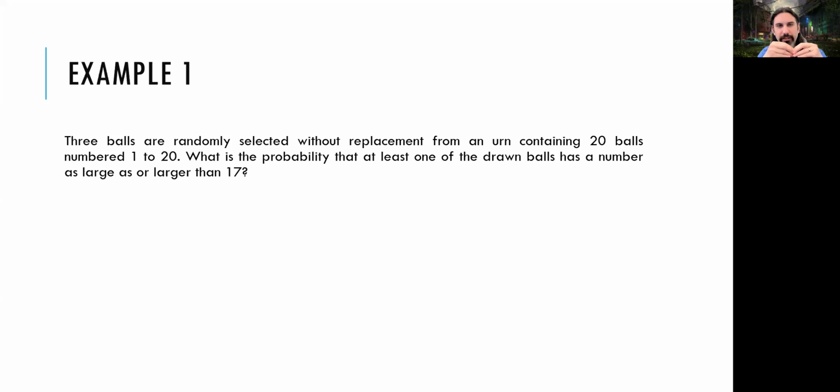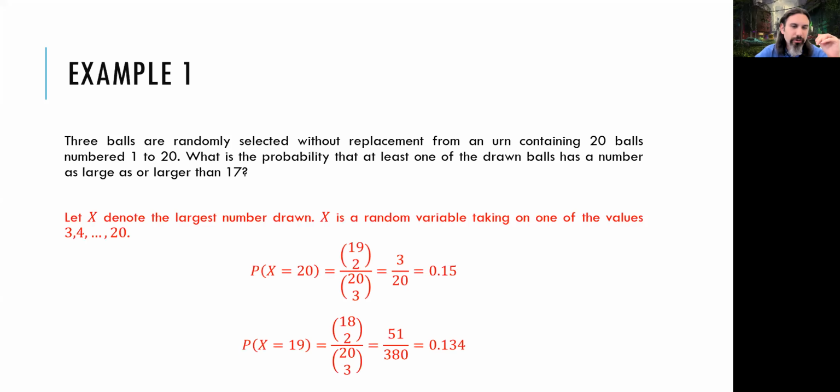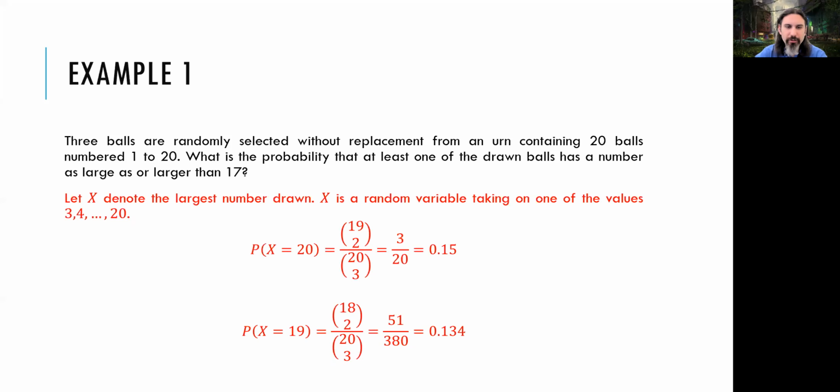I have picked 20 already, so I have 19 more numbers to pick from, those 2 numbers. So I say, choose 19 choose 2 over 20 choose 3. Why? Because 20 choose 3 is the sample space. After I have picked 20, I have 19 numbers left, and I'm going to pick 2 of them, which is going to give me the probability of 0.15.